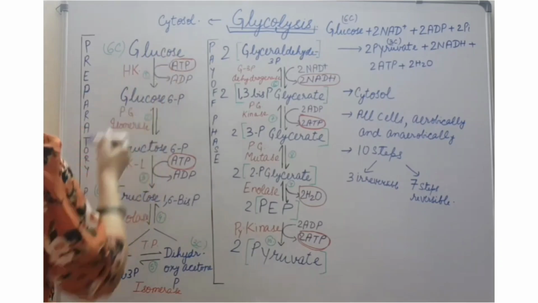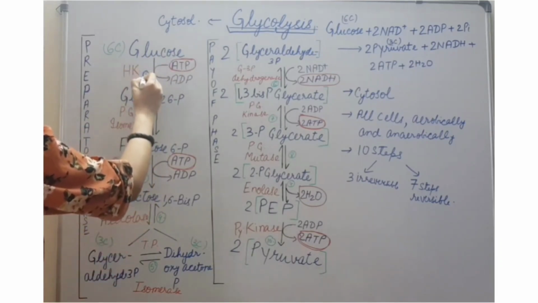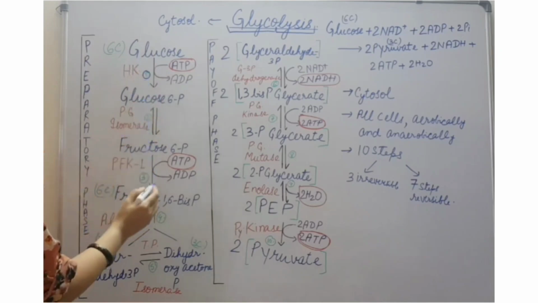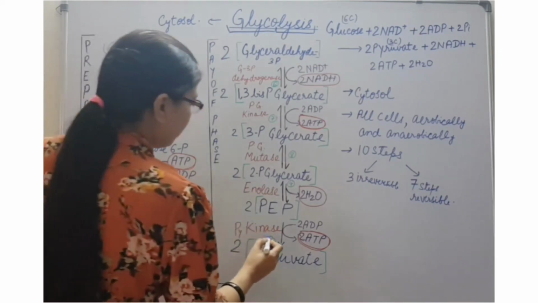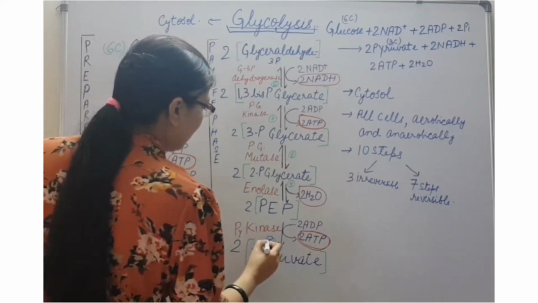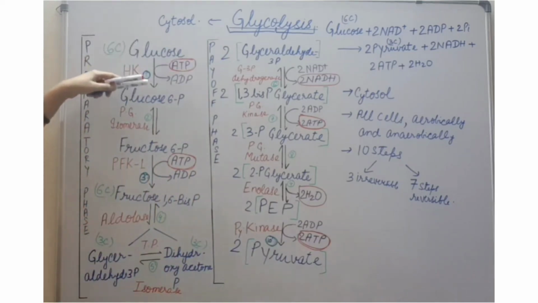Here at 3 steps, the first, third step and the last step, the arrow is showing unidirectional. These are the irreversible steps because these steps are energetically favorable in only one direction.